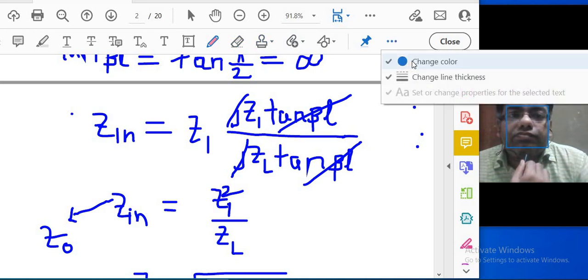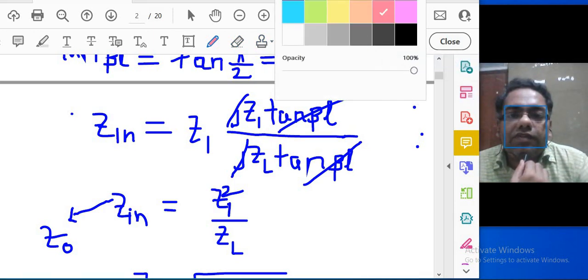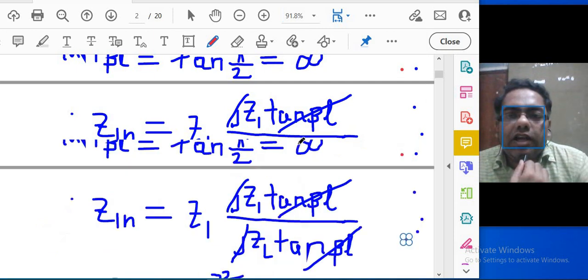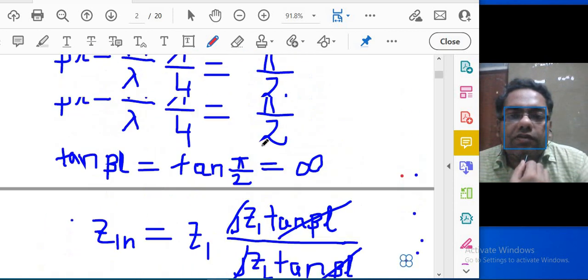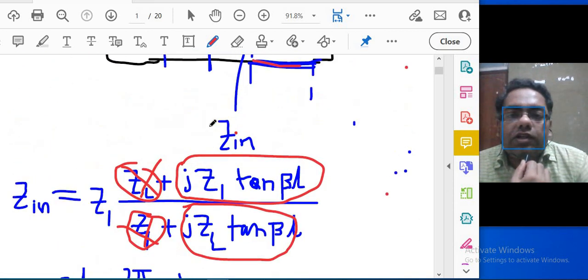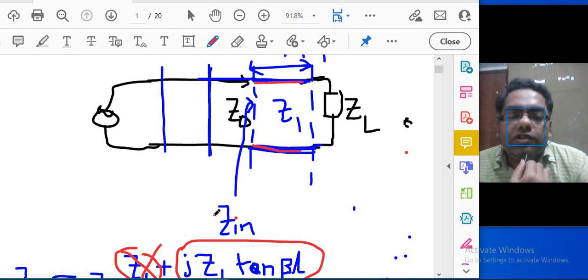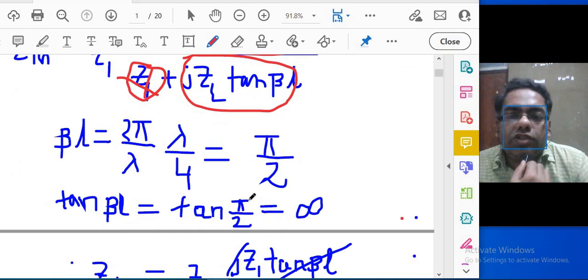Now once we get this expression, Zin is this. For impedance matching, we always want this Zin to be equal to Z0, because for the remaining section of transmission line, the characteristic impedance is Z0.